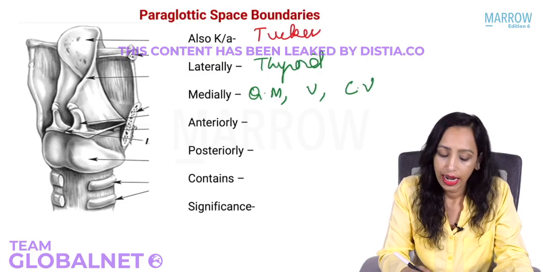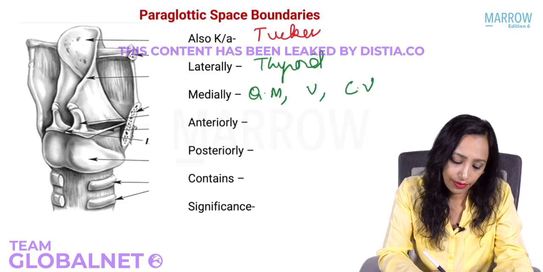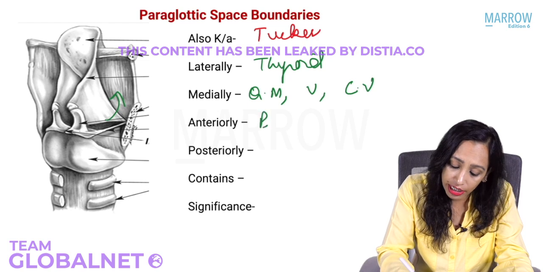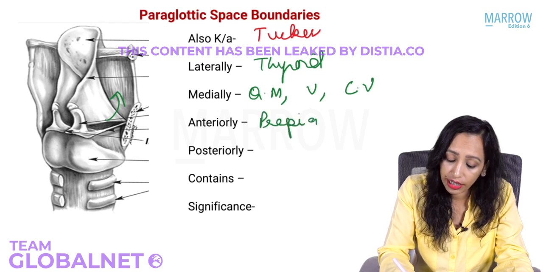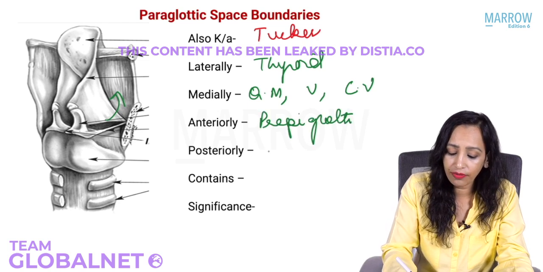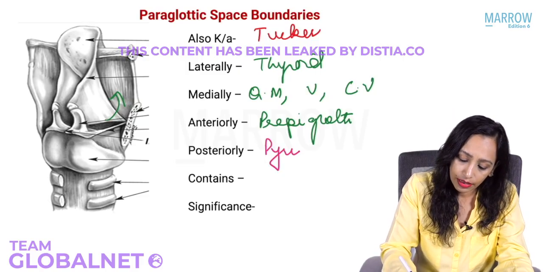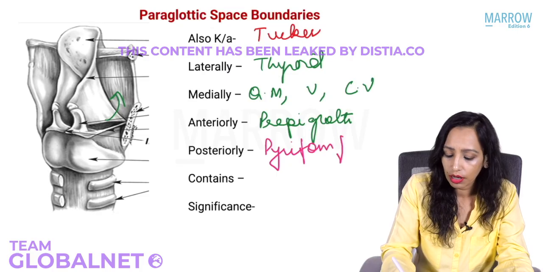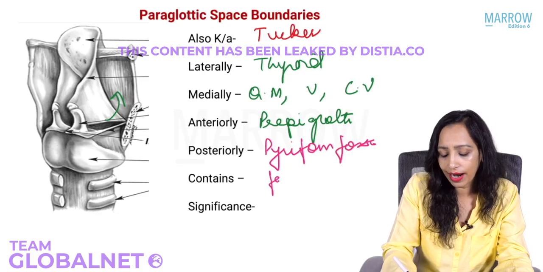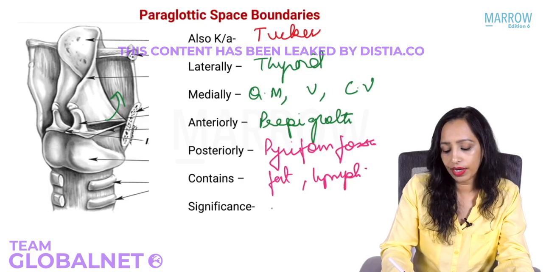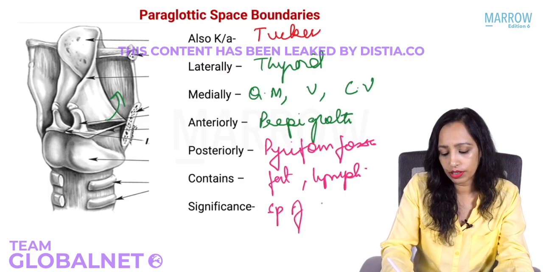Anteriorly it communicates with the pre-epiglottic space, and posteriorly we have the pyriform fossa. Again it contains fat, lymphatics and vessels, and the significance is the same, spread of tumors.